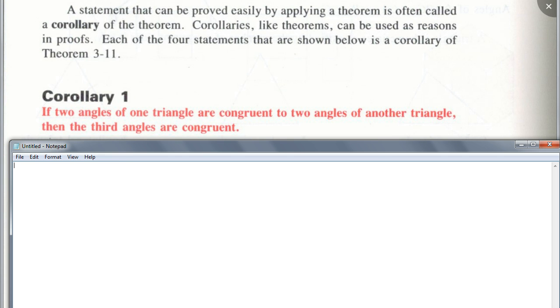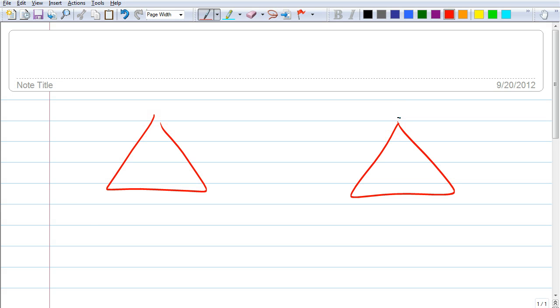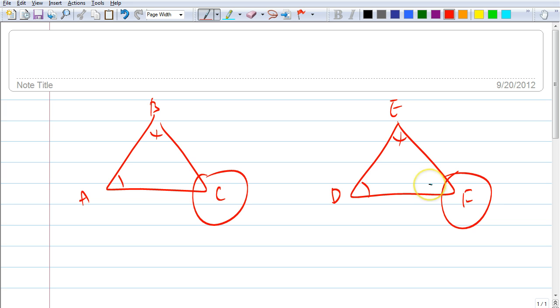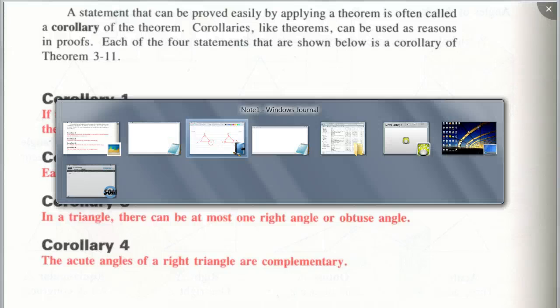If I draw this, let's say I have two triangles, A, B, C, D, E, F. If these two angles are congruent to these two angles in the other triangle, what can you tell me about angle C and angle F? They are congruent, because why? Class, the sum of the angle measures of a triangle is? Does that make sense? That's all he's saying.